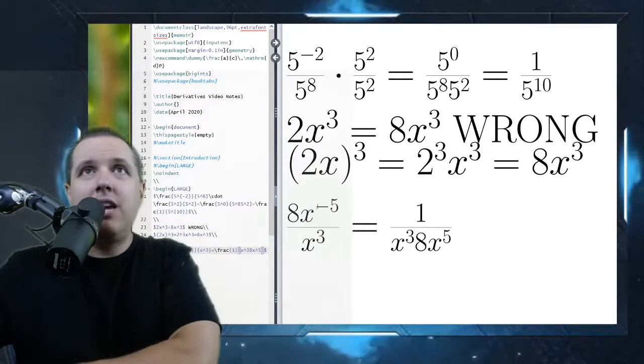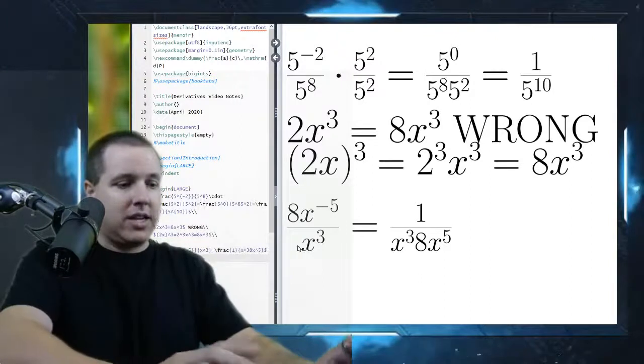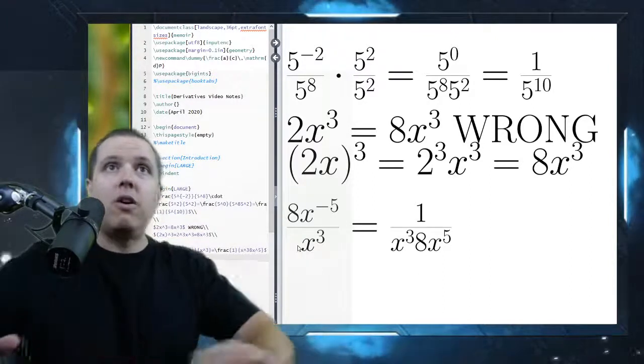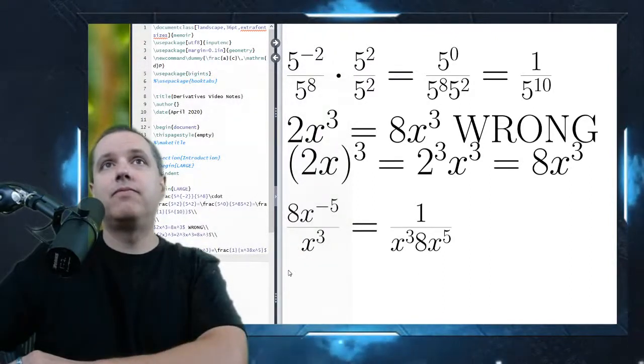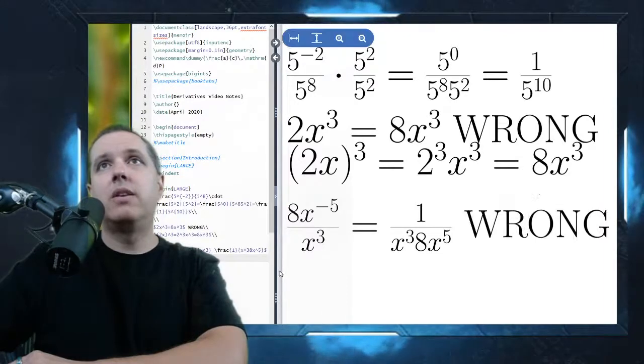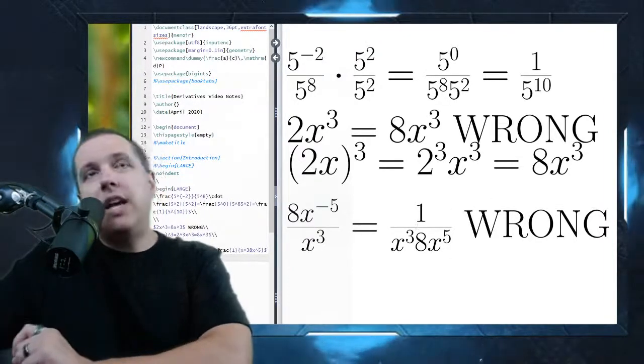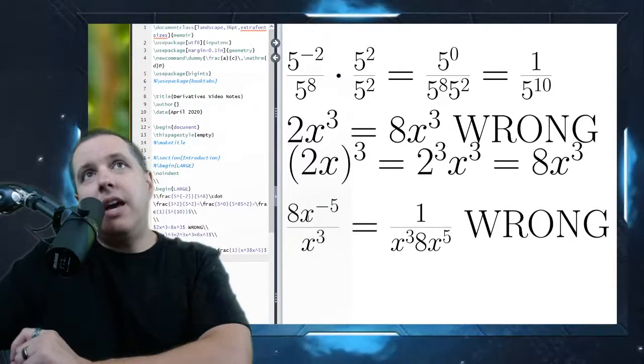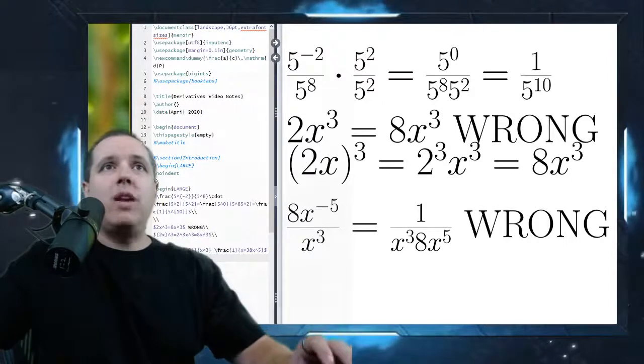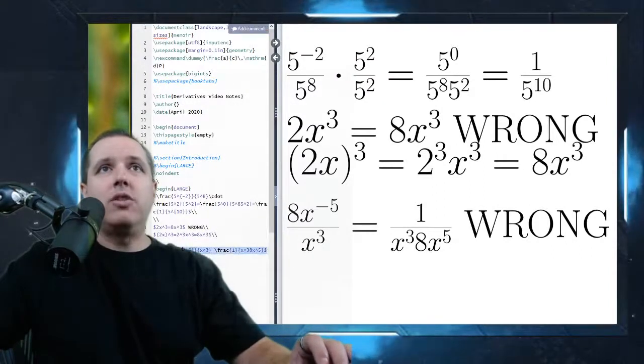Because this negative exponent is only applying to the x. It's not applying to the 8. So again, just to make this clear, I'm going to say this is wrong. So there's no confusion. That's the wrong way to do it. So if the negative exponent's only applying to the x, then the 8 should have been left, right? So the right way to do this problem looks like this.